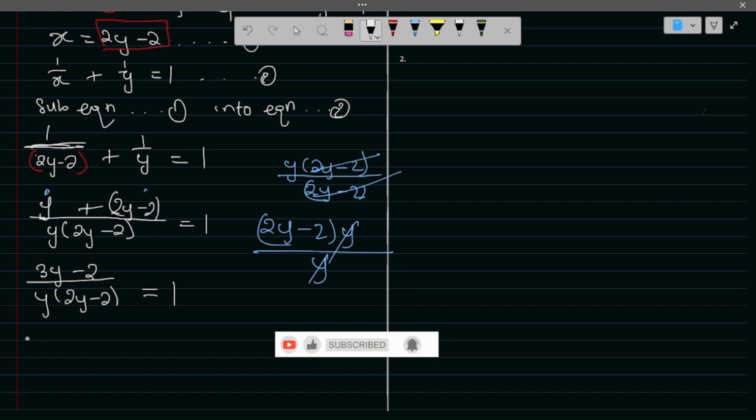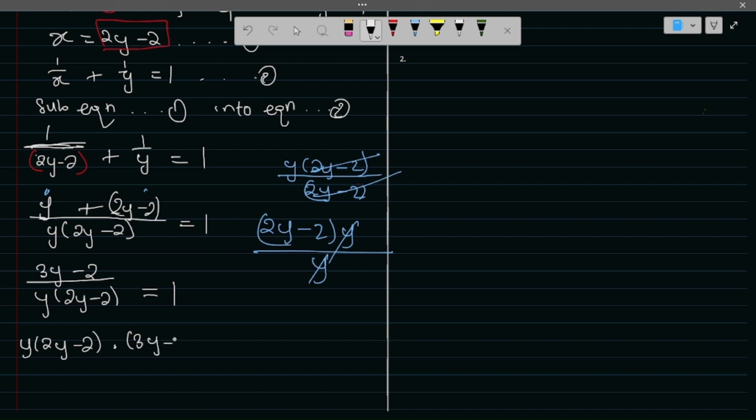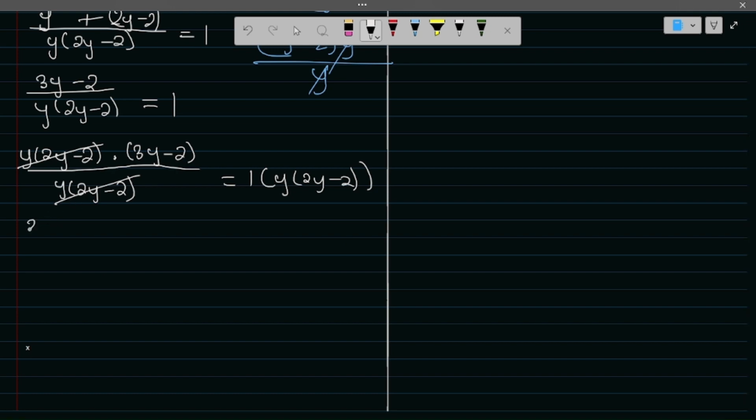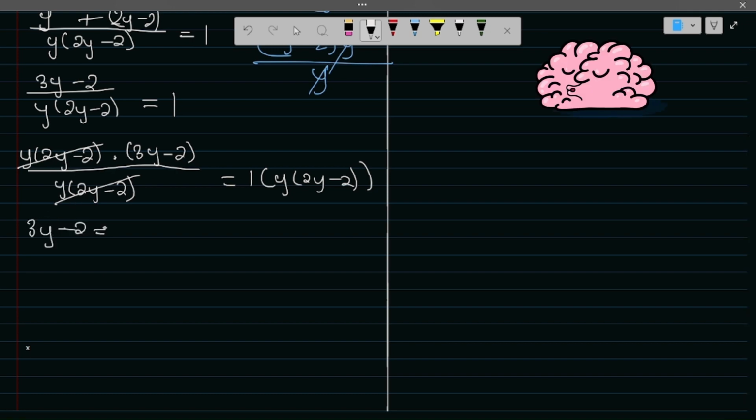So all you do now is say y times 2y minus 2, multiplied by 3y minus 2 over y times 2y minus 2, and what you do on the left is what you do on the right. So this is going to cancel each other, and you're going to be left with 3y minus 2 on this side.